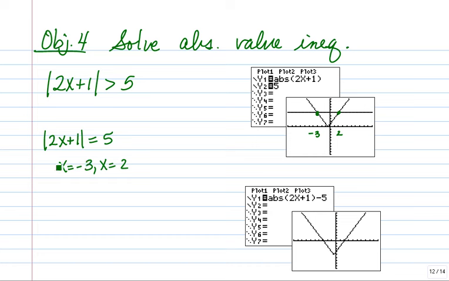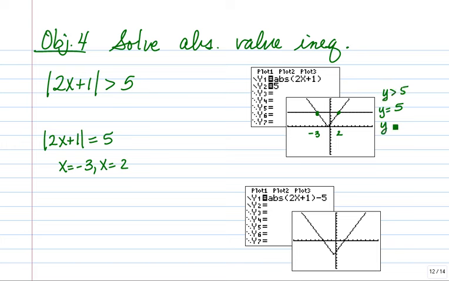Well, it's equal at negative 3 and 2. So that means for every other value of x, it's not equal to 5. It would either be greater than 5 or less than 5. And so we can use the graphing calculator to help us know where it's greater than 5 or less than 5. Well, if this is equal to 5 here, where is it greater than 5? If it's above that line, y is greater than 5.